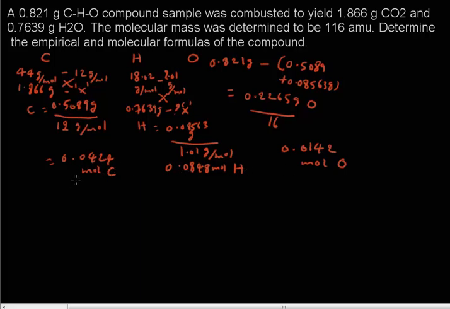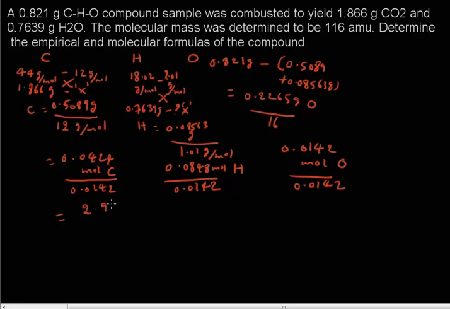So now we have the moles of carbon, hydrogen, and oxygen. But to determine the empirical formula, we have to arrive at a simple ratio. This is how we calculate it. We divide each of these moles by the smallest number here, which is 0.0142. So I divide this by 0.0142, this by 0.0142, and that by 0.0142. As a result, I get my simple ratio. Now here you can round off these values.